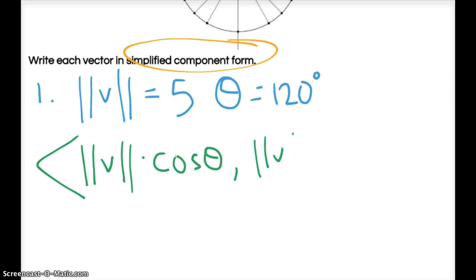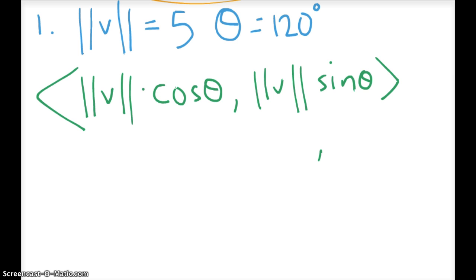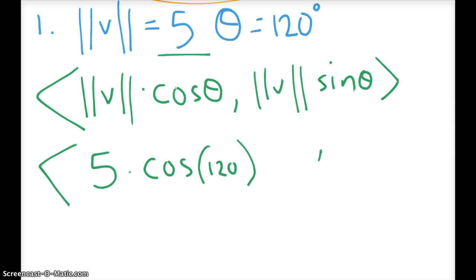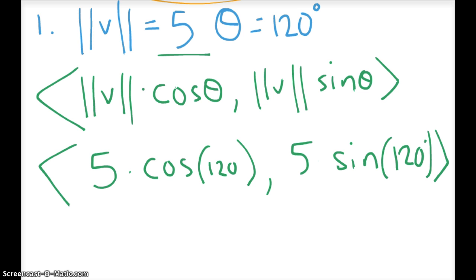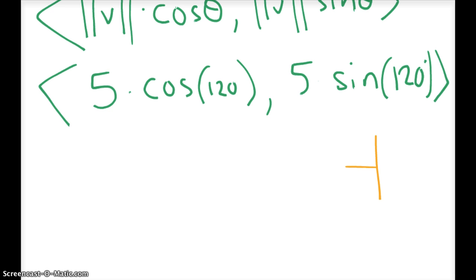This vector can be found by taking the magnitude times the cosine of the angle and the magnitude times the sine of the angle. So my magnitude is 5, times the cosine of 120 degrees, and then, same thing, my magnitude 5 times the sine of 120 degrees.